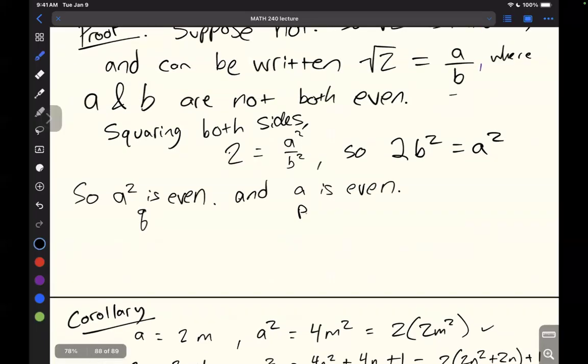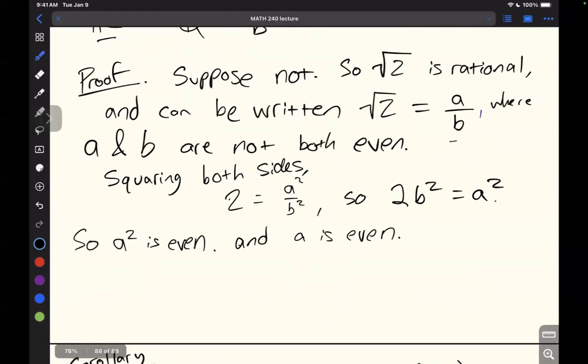So that's why we're allowed to do this. A squared is even and A is even. So back over here, we can write A as 2k.